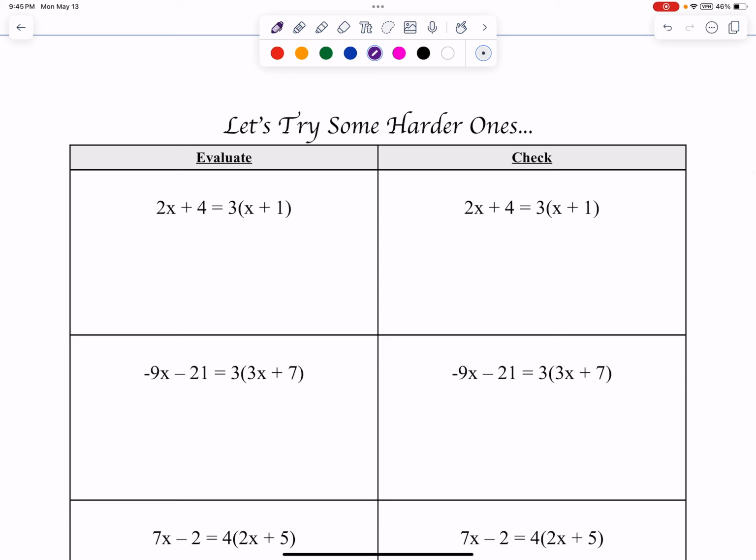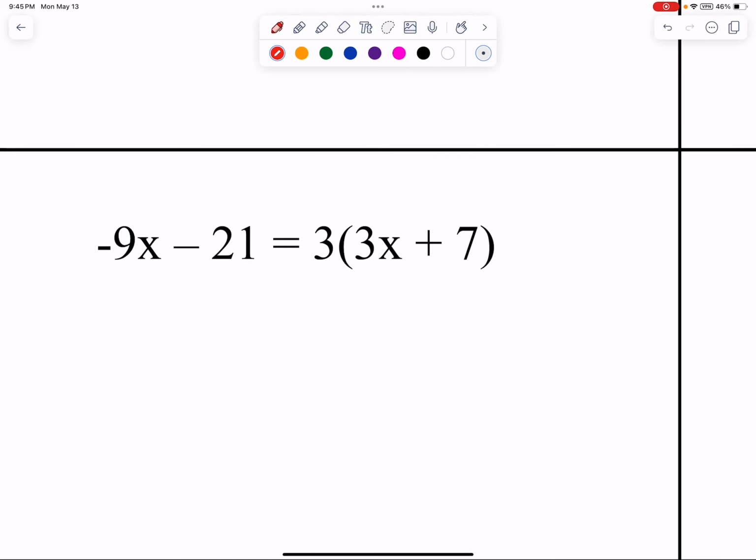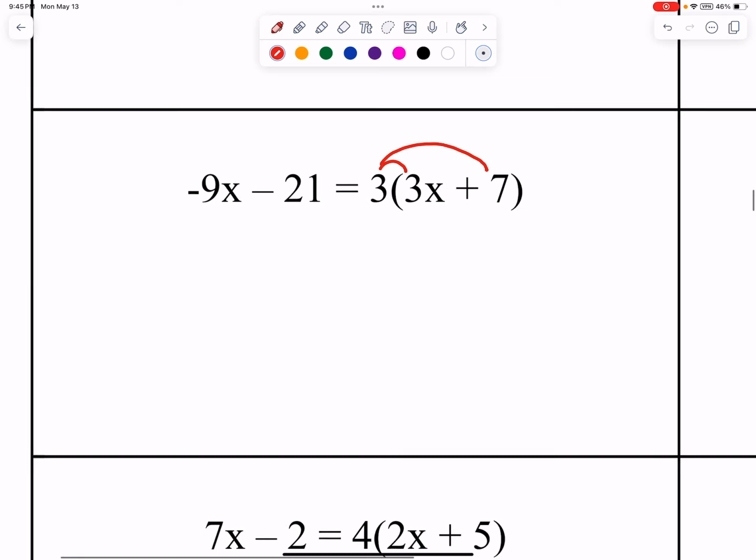All right, let's take a look at this side. It says, let's try some harder ones. They're really not for you. This is something you've done plenty of times. The example here, remember, we're going to do our ARCS for distributive. Step one is going to be to simplify our sides here by distributing and combining like terms. Always separate your workspace. We're going to be really systematic with this.